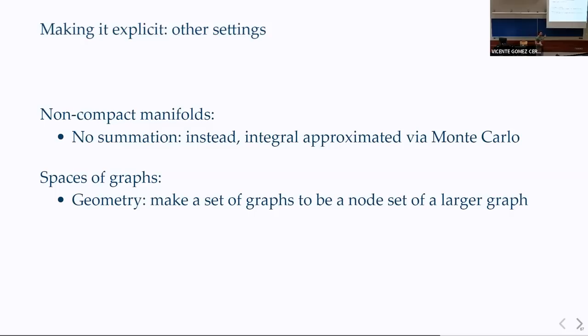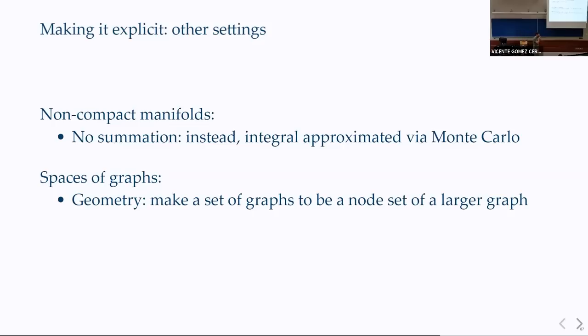What you can do alternatively, and this is what I really suggest you consider if you haven't before, is that if you're faced with a problem like this, when you have a discrete set and you want to define a geometry, you do this by making this discrete set into the node set of a larger graph. So for example, say you went ahead and defined some distance function. Instead of just using this distance function, say, I will connect by an edge every two elements of my discrete space if and only if they're distance one from one another.